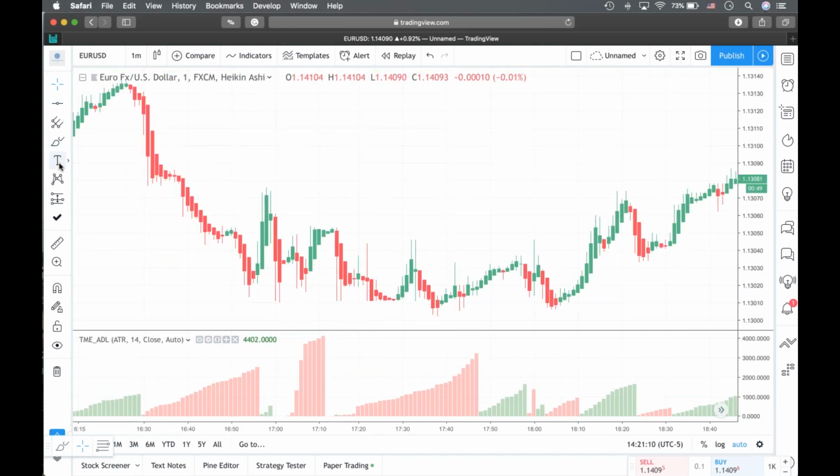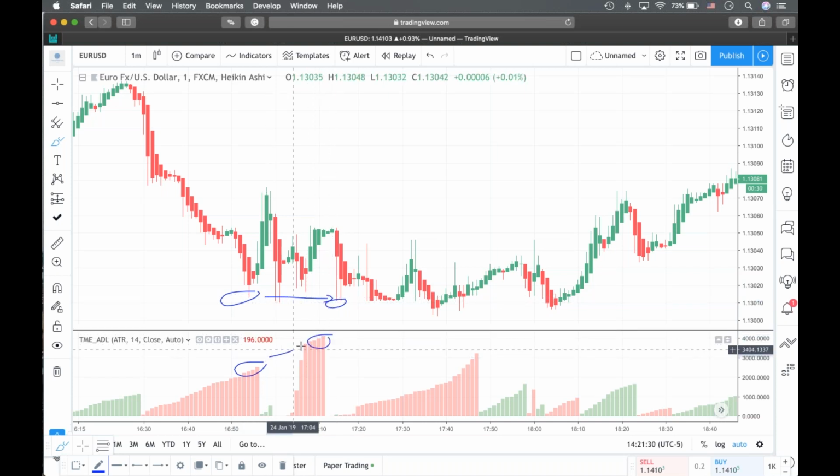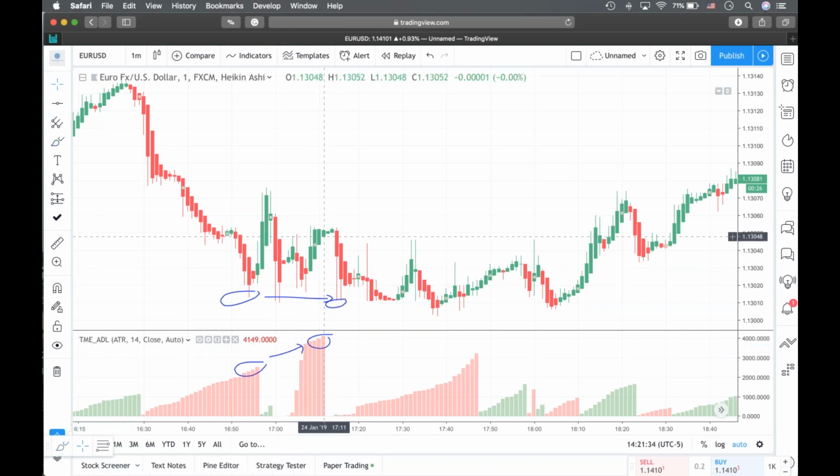That's pretty tricky, but it will help you to train your eyes to the chart. So you had a low here, right? And then you came here and you had a slightly lower low here. So this is a very, very small divergence towards the downside, while at the same time the volume distribution went all the way up here.